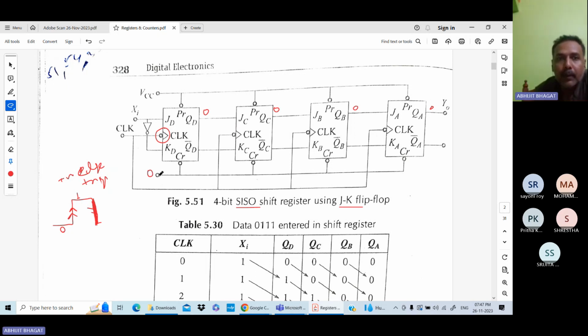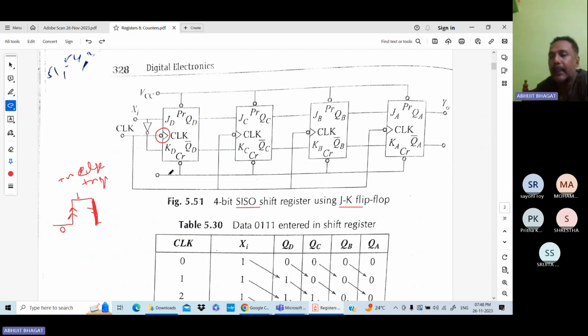If you put 0 on the clear, this value will be 0. And for normal operation, meaning you supply the input and you get the output, the preset and clear pins will be set as 1, 1. We already discussed this topic in the class.